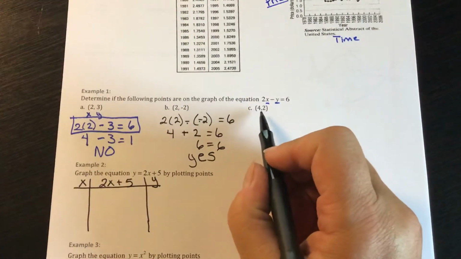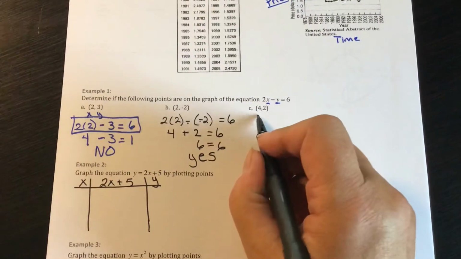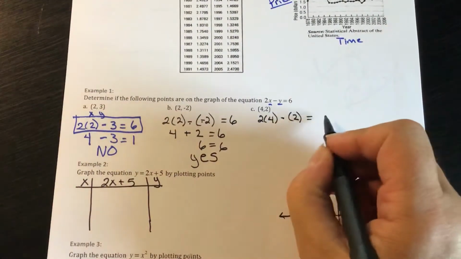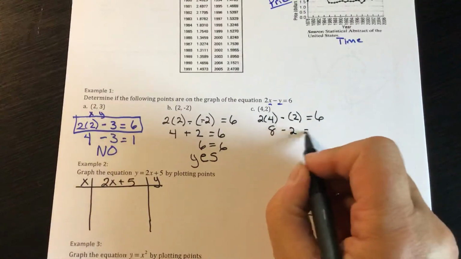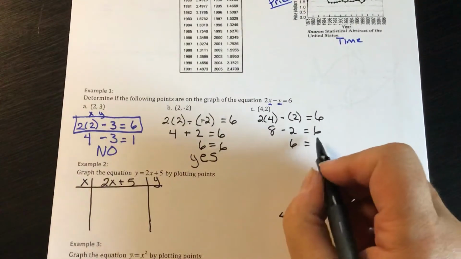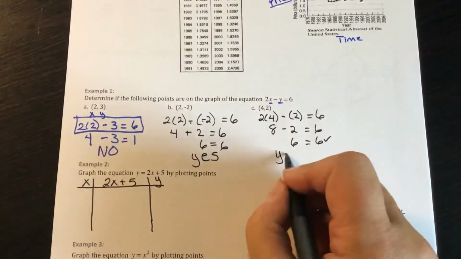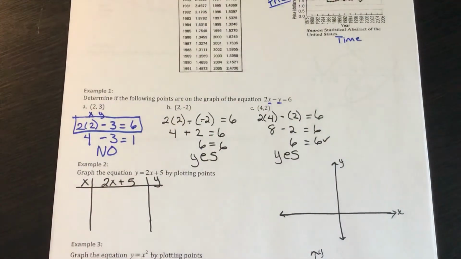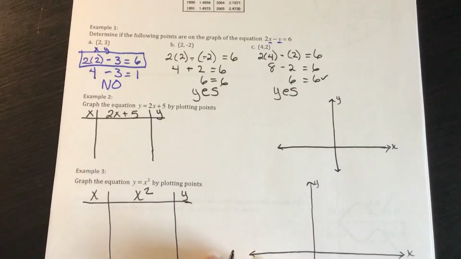Then I have the ordered pair 4, 2. So I have 2 times 4 minus y is 2. Does that equal 6? Well, this is 8 minus 2, and that is 6. So I can say 6 equals 6, so yes, this ordered pair is on this graph, or this point is on this graph. All right, a little review in graphing equations.